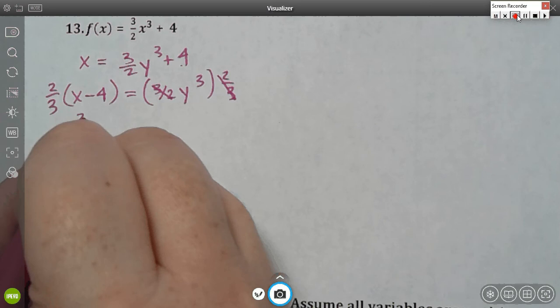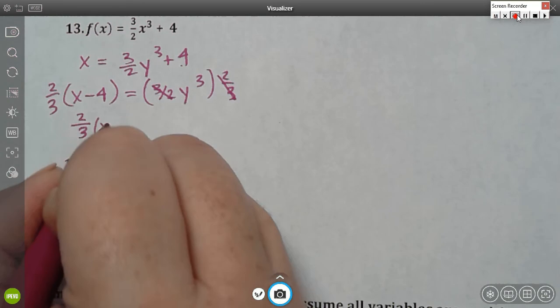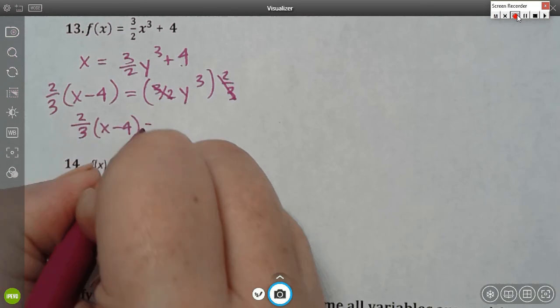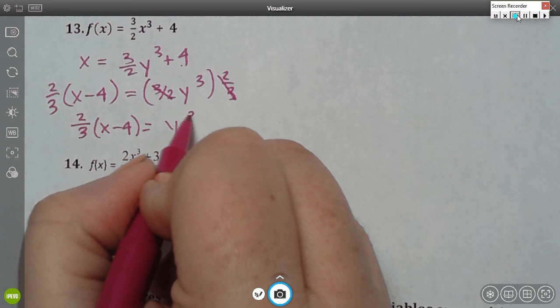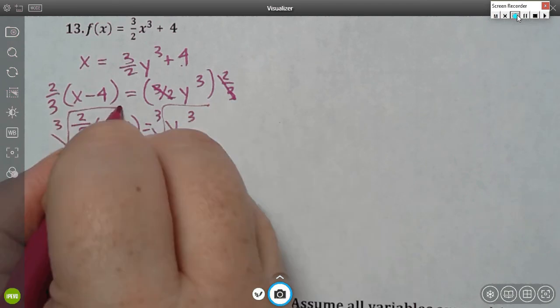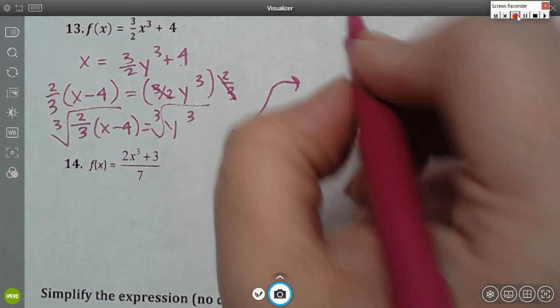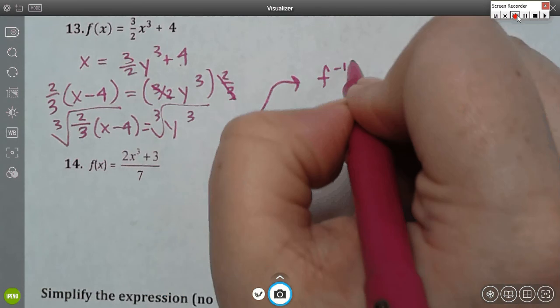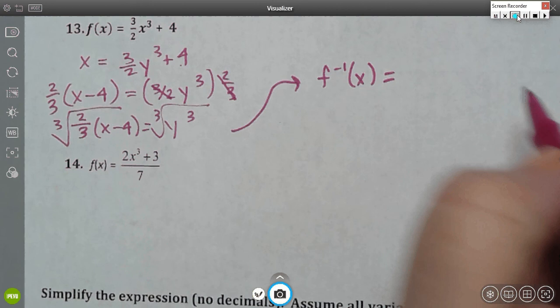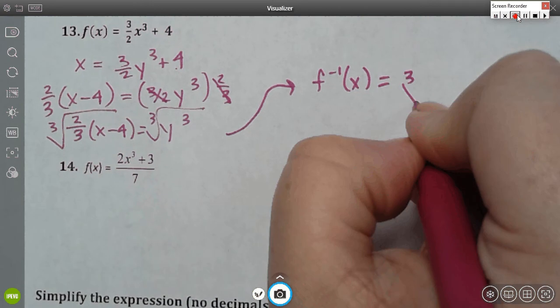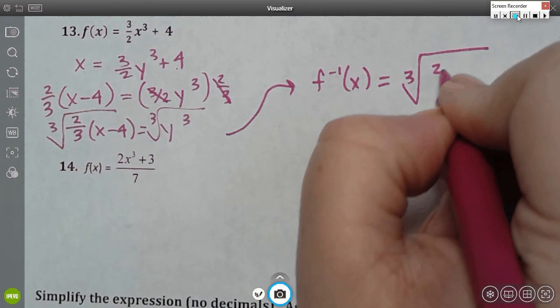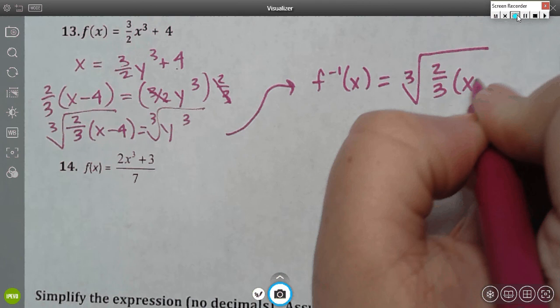So I have 2/3 times x minus 4 equals y to the 3rd. And again, to get rid of that third power, I am going to do the 3rd root. So the inverse here is the 3rd root of 2/3 times x minus 4.